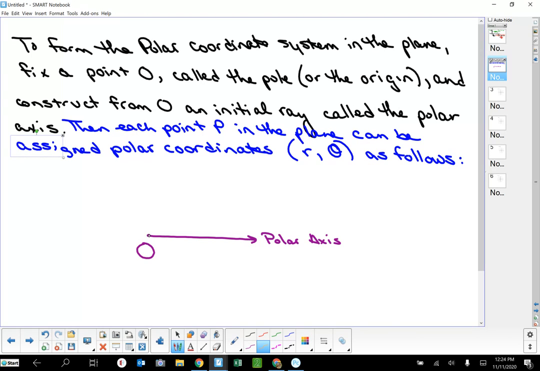So from this point, we're going to have point P come out of here. And here's what's going to happen.